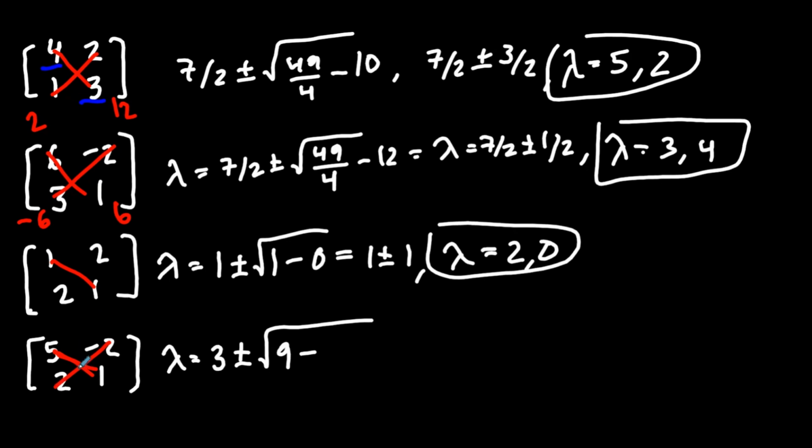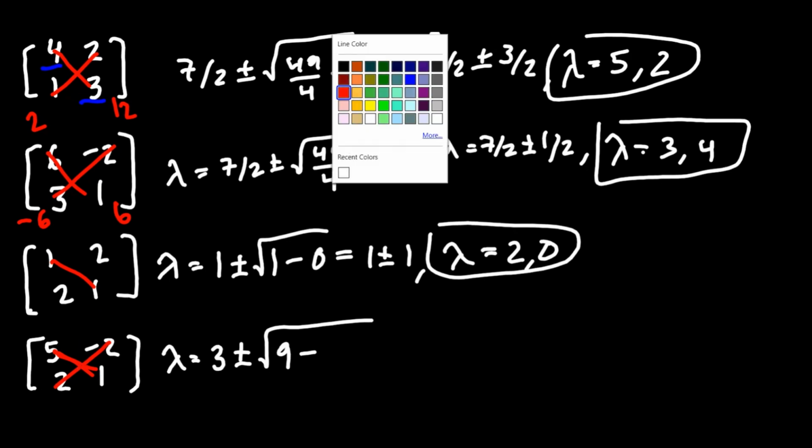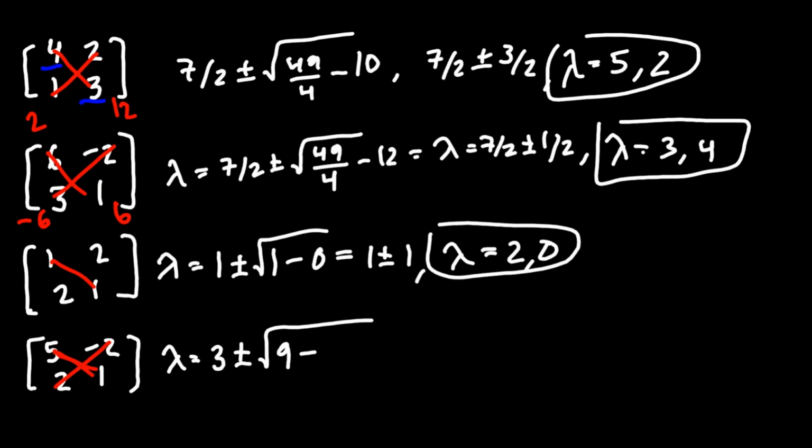When we're subtracting -4, we're adding, so we're really doing 5 plus 4, which is 9. So we're going to be subtracting 9. So the only eigenvalue we're going to have is 3, because 3 plus or minus 0, whether you add it or subtract it, is always 3.